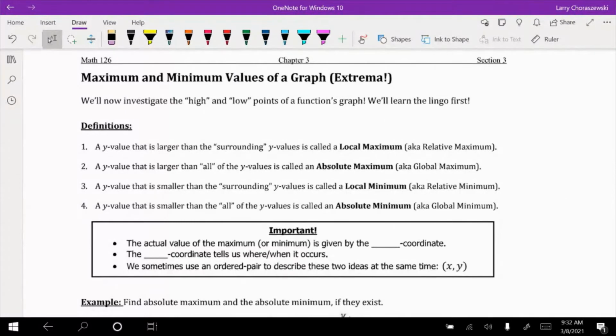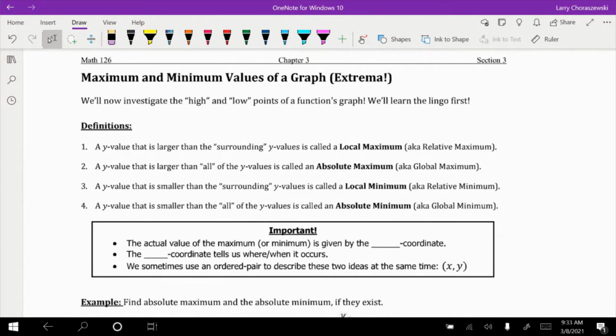This one isn't necessarily a behavior, but it does give way to changes of behaviors in functions, particularly their graphs. Now, we'll start things out with a handful of definitions here, and then we'll get to some visual representations of these with a couple of examples.